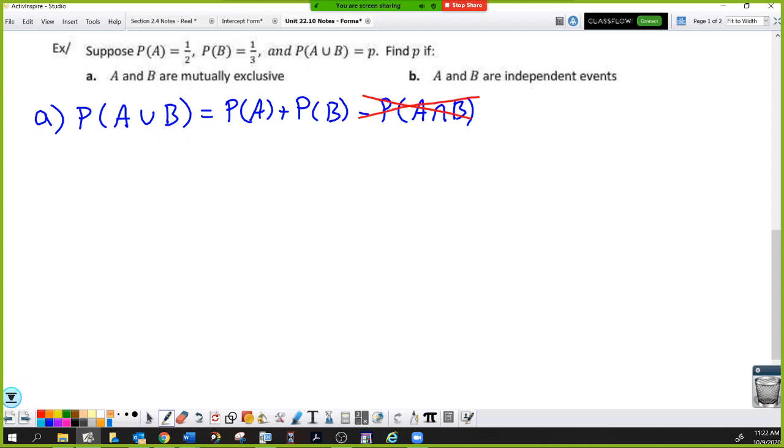So the probability of the union is legitimately just 1/2 plus 1/3. Common denominator 6. So the probability of the union is 5/6.